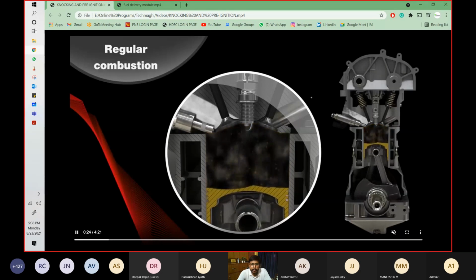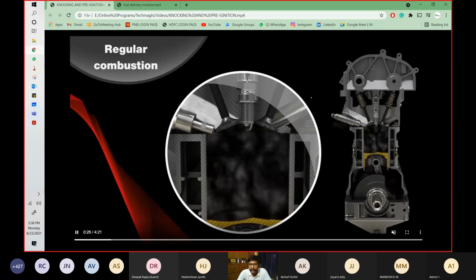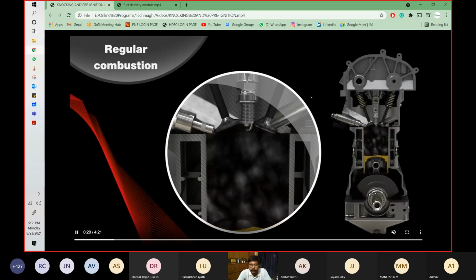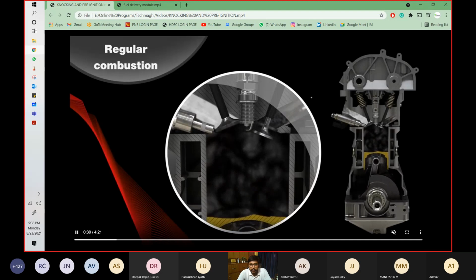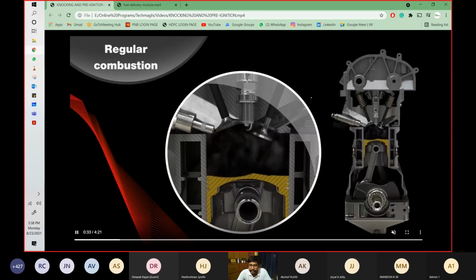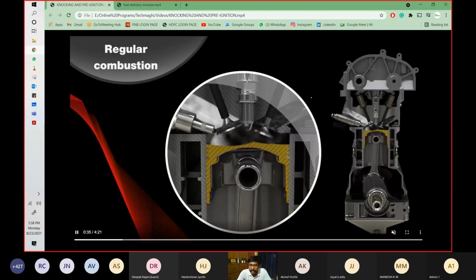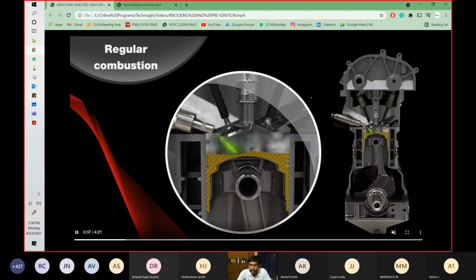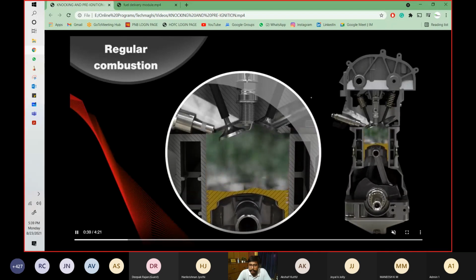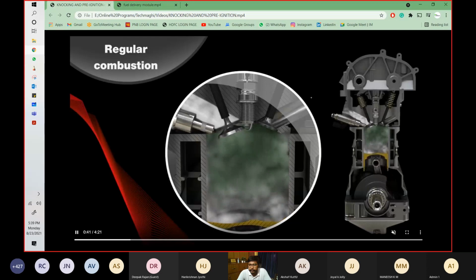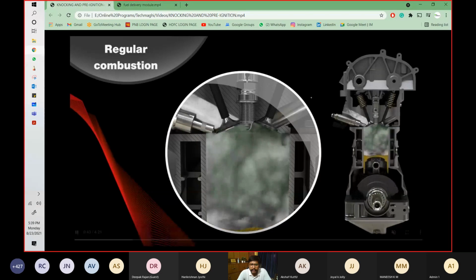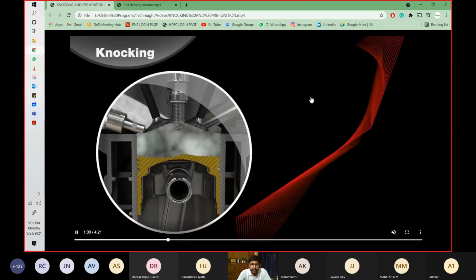So you see, this is the regular combustion. Everything is fine and everything in order as of now. Now, you see that the gases are passing right away, and as soon as these are passed up, intake happens. This is working in regular, normal fashion.